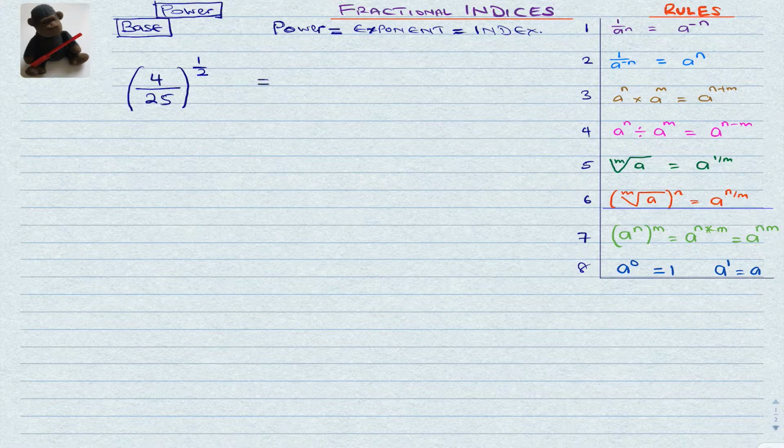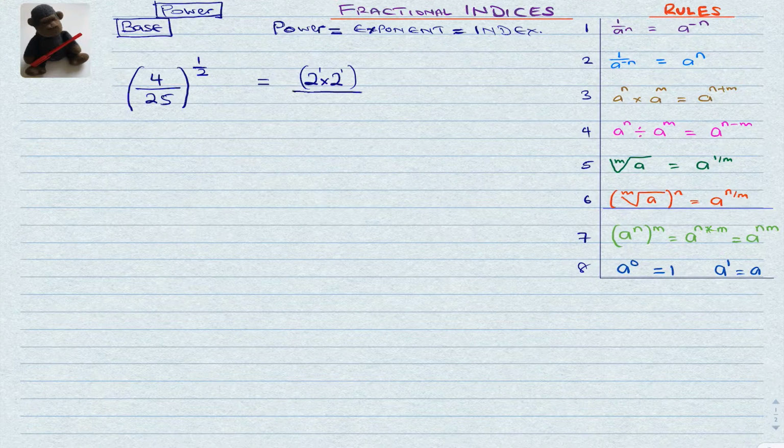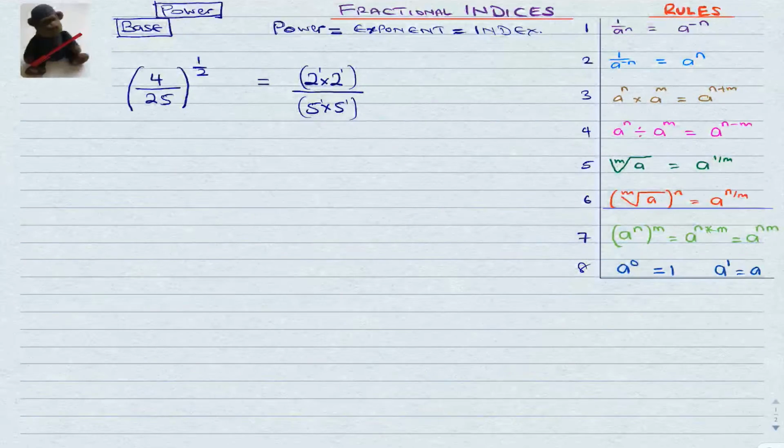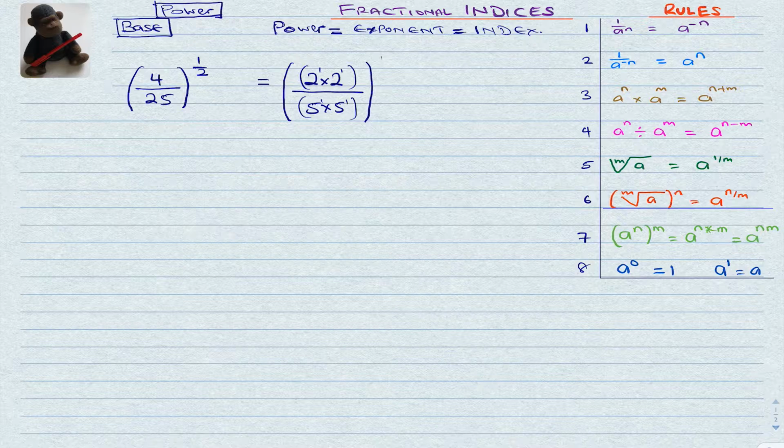So let's do that. Well, 2 times 2, or 2 to power 1 times 2 to power 1, over 5 times 5, 5 to power 1 times 5 to power 1, all to the power of a half.